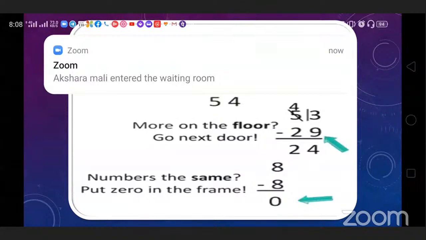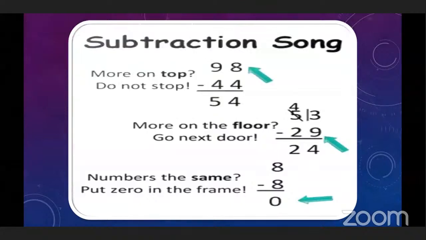Here at the unit place there is a 3 and from 3 we cannot subtract 9. So we have to go towards the next number, towards the tens. On the tens place there is a 5 and from 5 we take 1 to the unit place, and now we have 13. From 13 we can subtract 9. So this is the second stanza that tells us more on the floor, go next door.